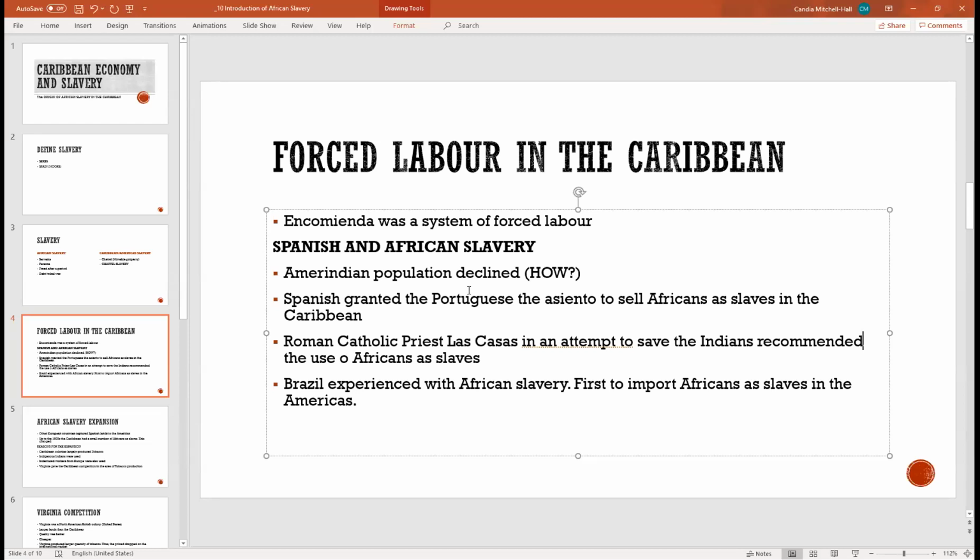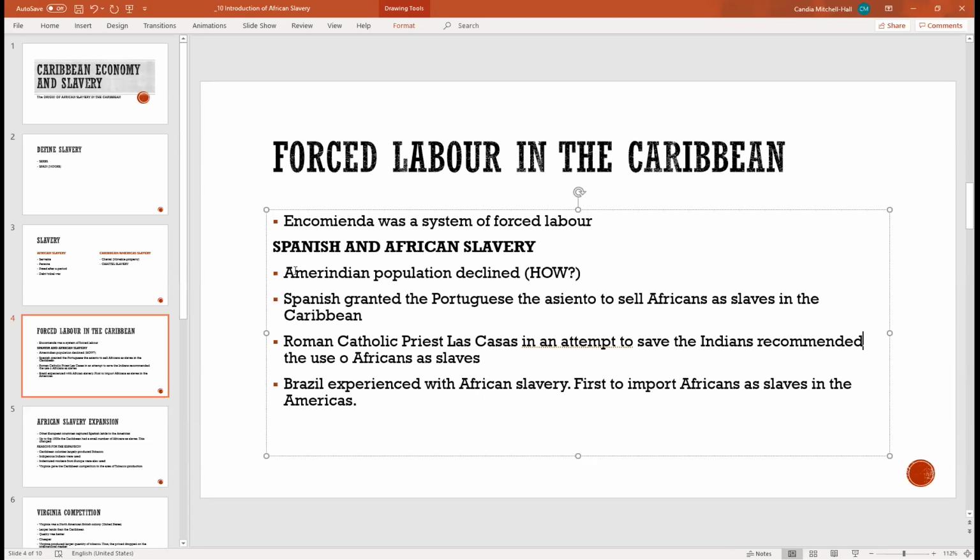Now, this Catholic priest was one of the first to recommend the use of Africans. And he wrote to the Spanish crown, and he said, why not use Africans as slaves instead of the indigenous people?